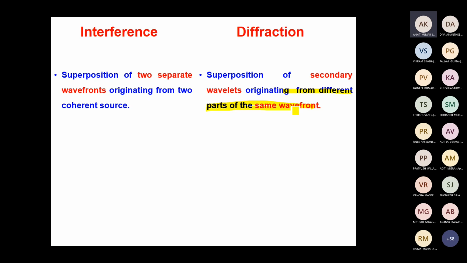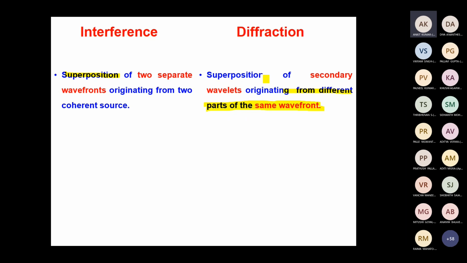Why, I will tell you a little later. This is not possible in the previous case due to some reasons, which I will answer while discussing the single slit diffraction. So when you are talking about the two things, the common thing is superposition.